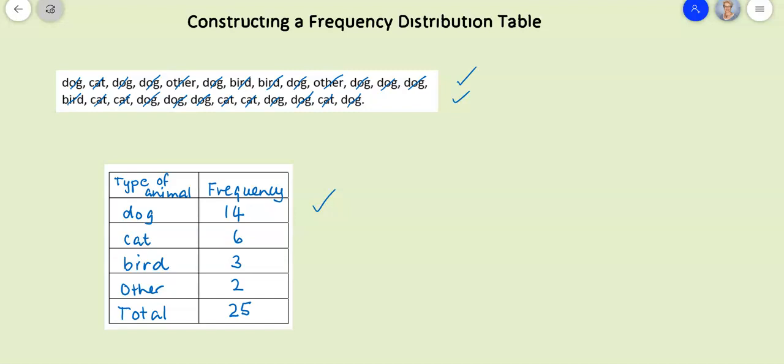Now, the next thing we're going to look at is the mode. The easiest value that I can calculate from the frequency table is the mode. Now, the mode is the piece of data which occurs the most often.